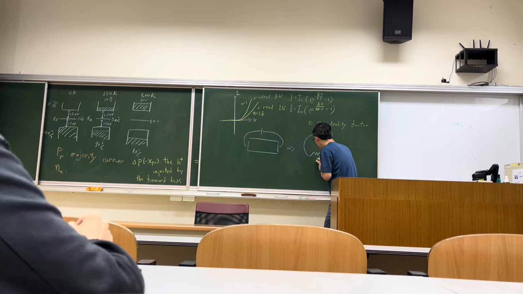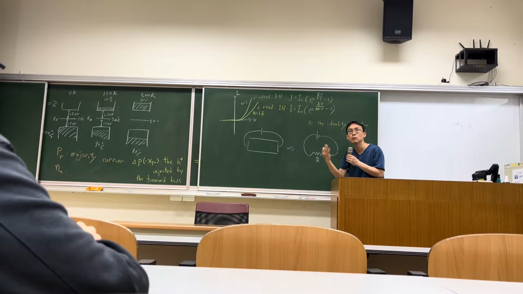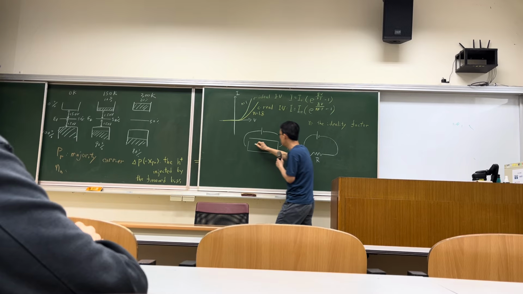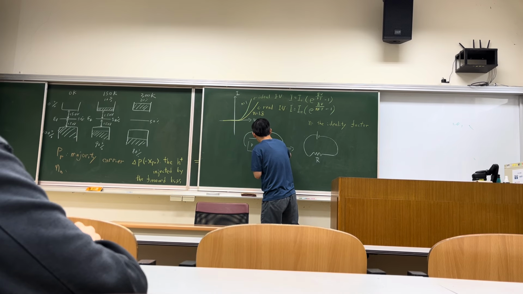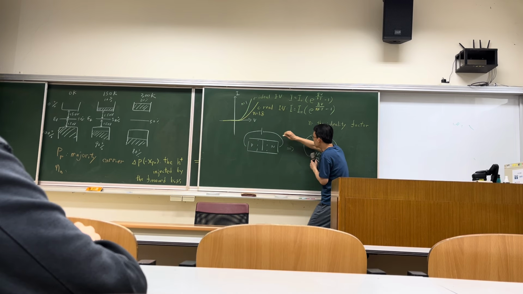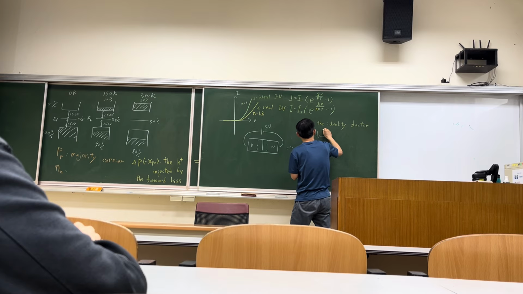Okay, so this is R representing the resistance of the PN junction, right? Okay, 5 volts, for example, 5 volts.